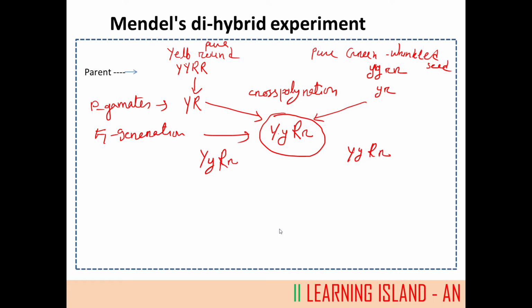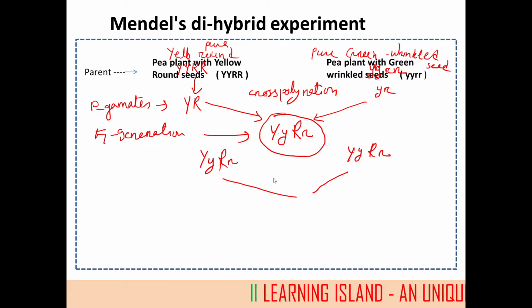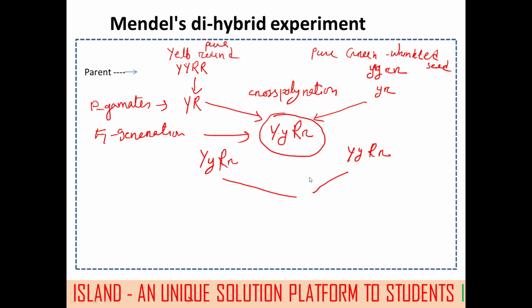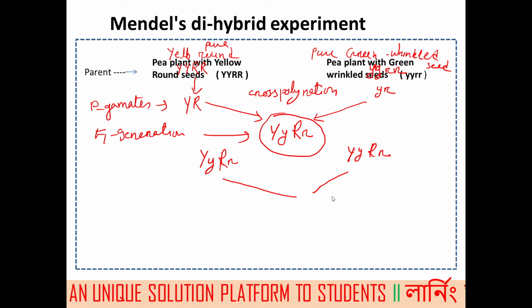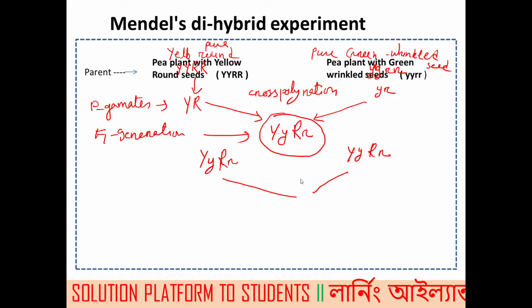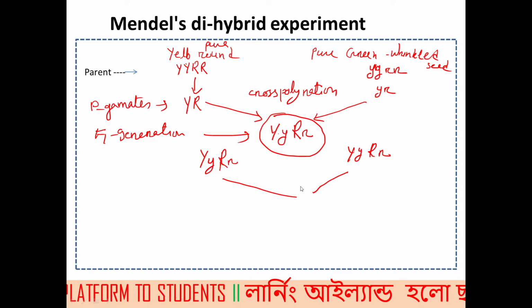He made self pollination again between them, like previously in the monohybrid cross.